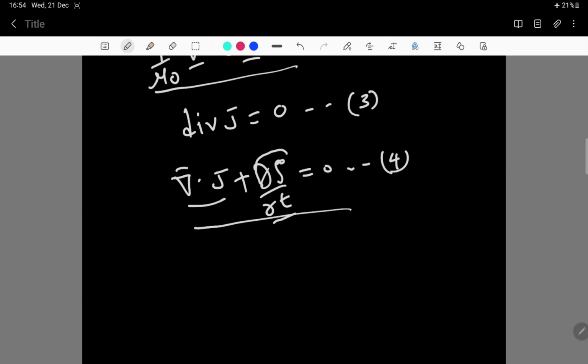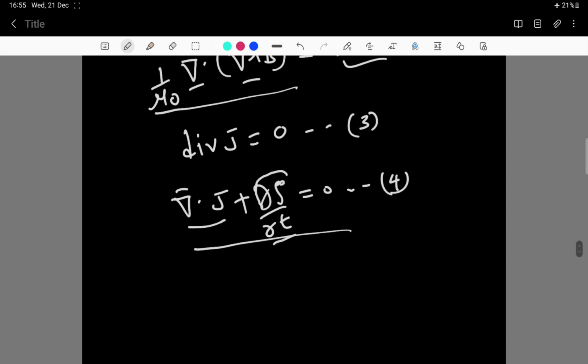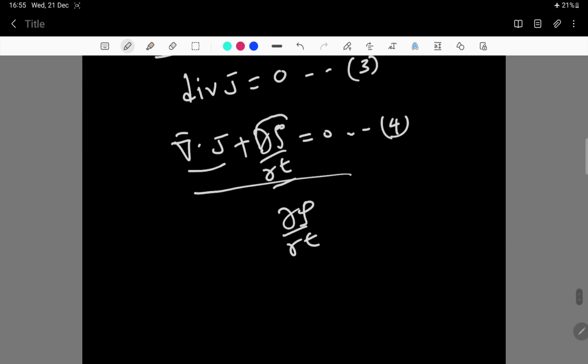This requirement is satisfied according to equation 4, the equation of continuity, if the divergence of the quantity we add is partial rho partial t.